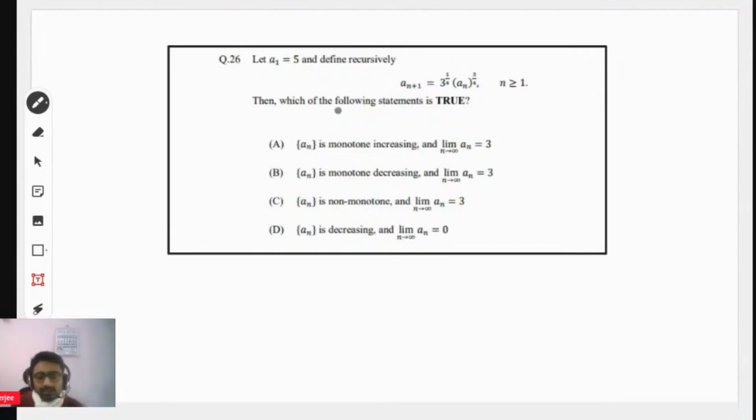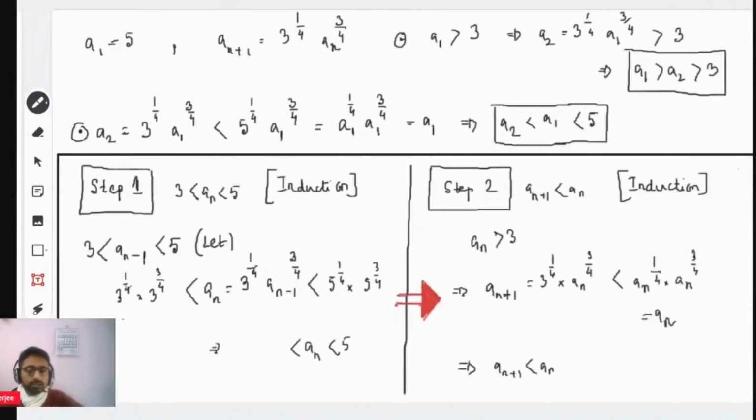So let's observe this. It's asked about monotone and limit. Whenever you're faced with this kind of problem, you must always look into the behavior of a2 and a3 and the terms ahead. You should check whether it's really monotone or not. That's what I did in the first step.